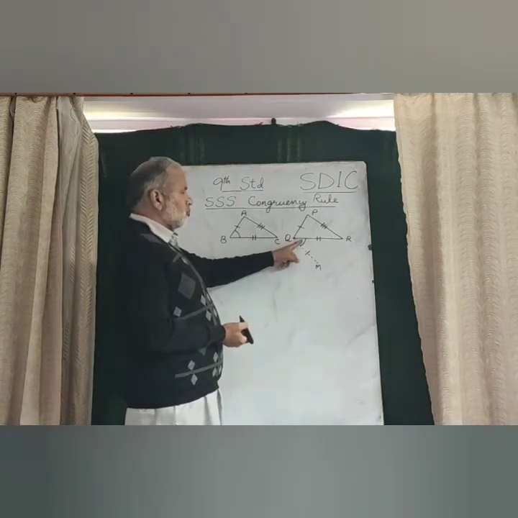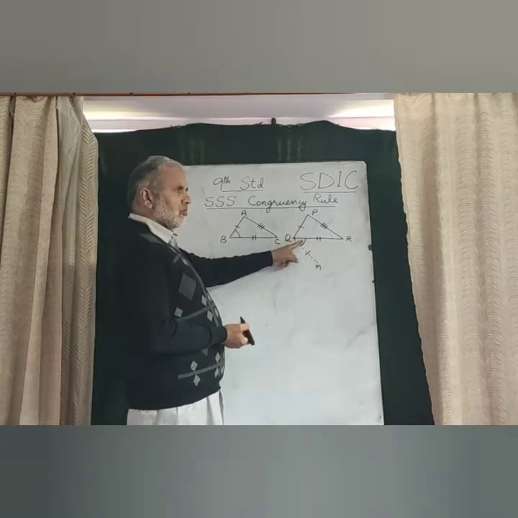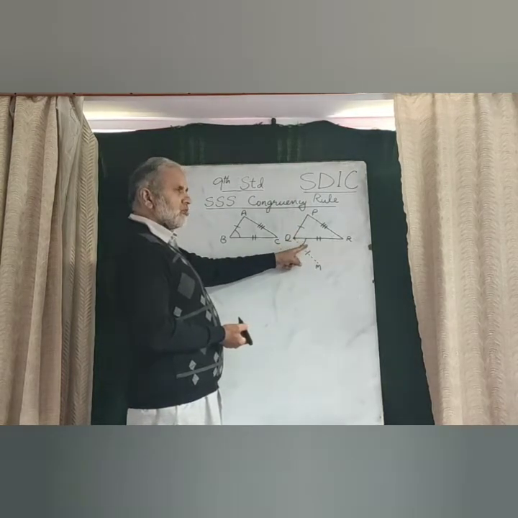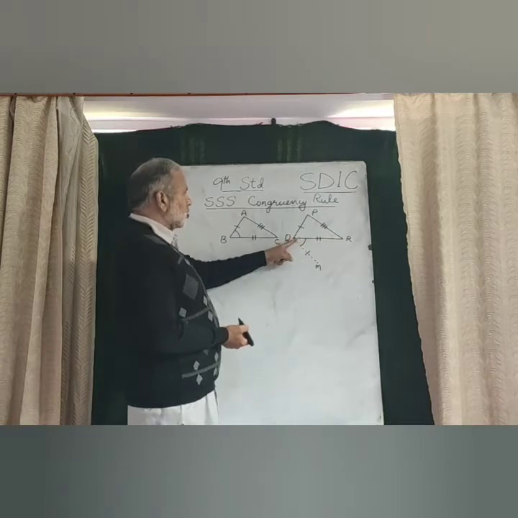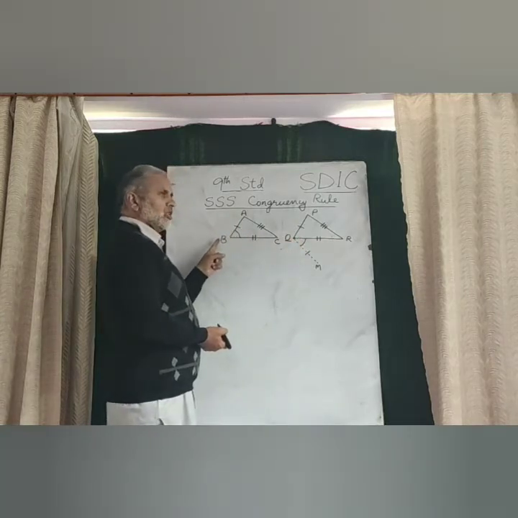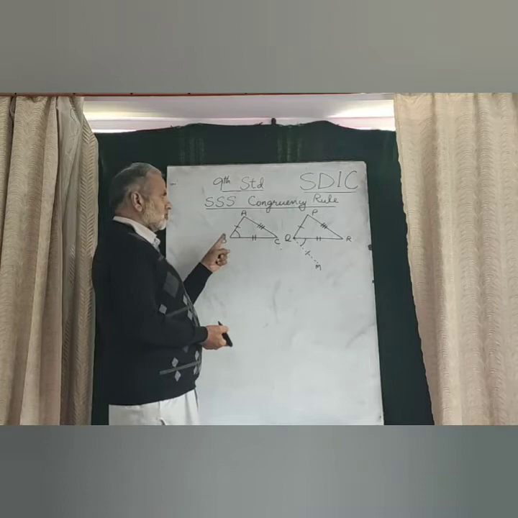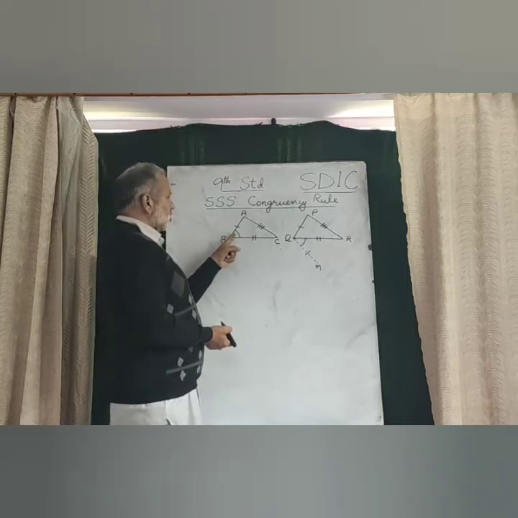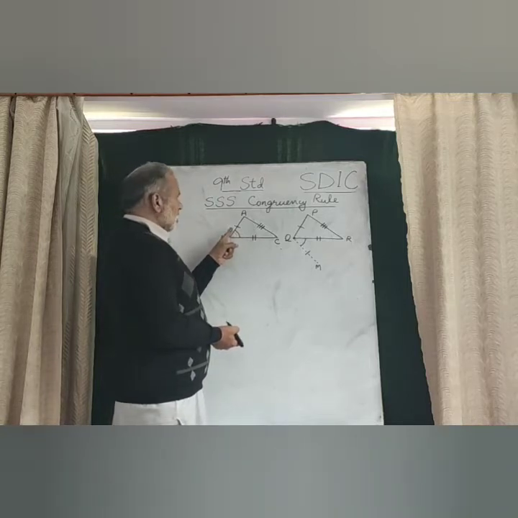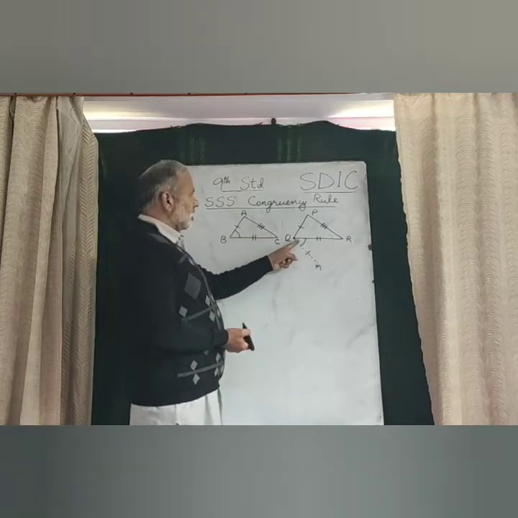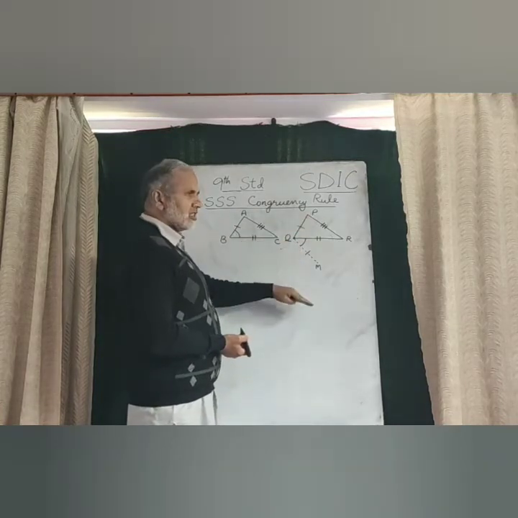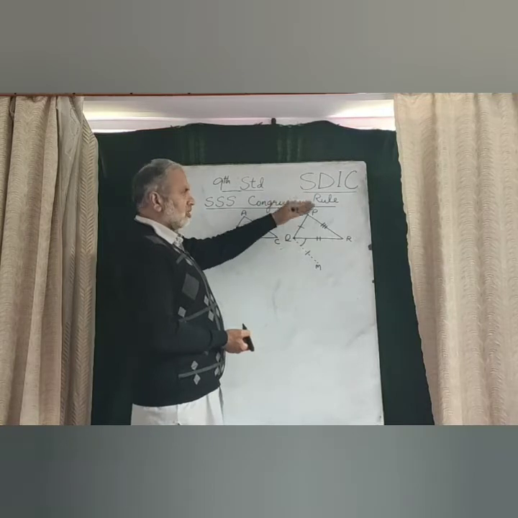First we made at point Q an angle equal in measurement to the angle at the corresponding point of Q in the first triangle. It was angle B. So whatever is the measurement of angle B, equal to that you have to make an angle at point Q on the lower side. The triangle is on the upper side, this is the lower side.